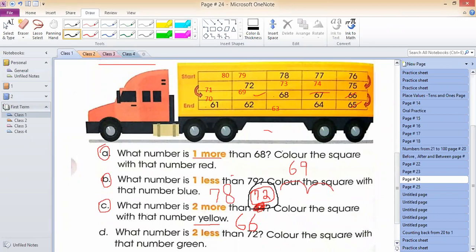Where is 72? This is 72. And the number which is 2 more than 72: go forward. After 72, what comes? 73 and then 74. So the answer is 74. The number which is 2 more than 72 is 74. Clear, guys?